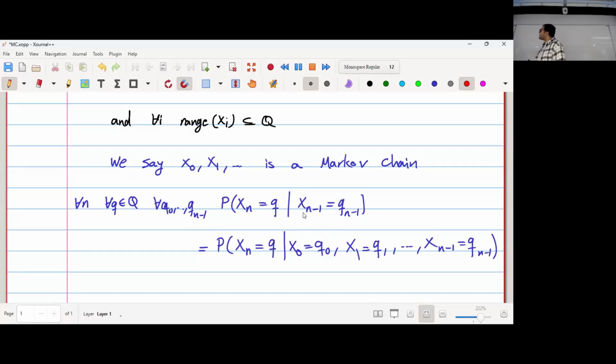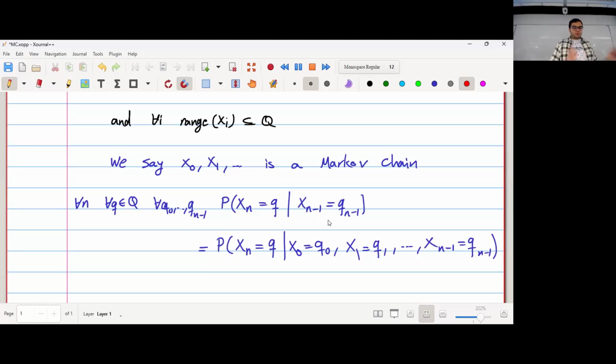So when I'm writing a condition like this, it means the set of all points in the sample space such that if I apply this random variable to that point, it gives me this value. Okay, so this is an event, and this is also an event. So I can talk about the conditional probability. But of course, I can talk about the conditional probability only if the probability of the second event is not 0.